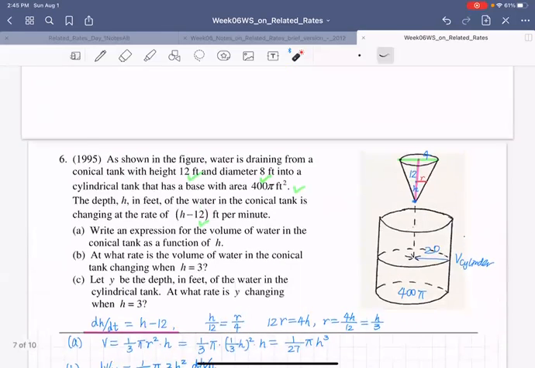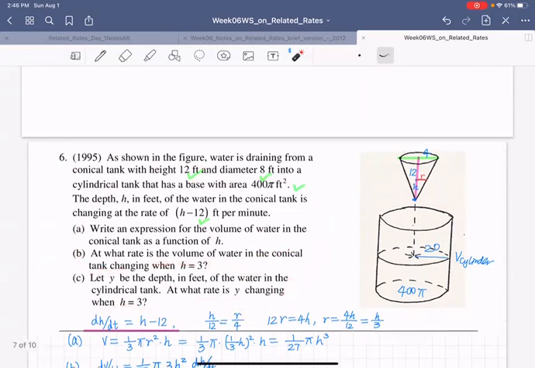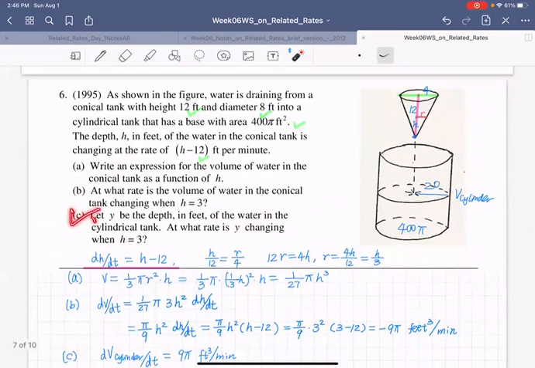I tell you, that year this gave a lot of people big trouble because for question C they got so confused. Most people figure out question A. Some people figure out B. Very few people figure out C. It is because they don't know the relationship between this guy and this guy.